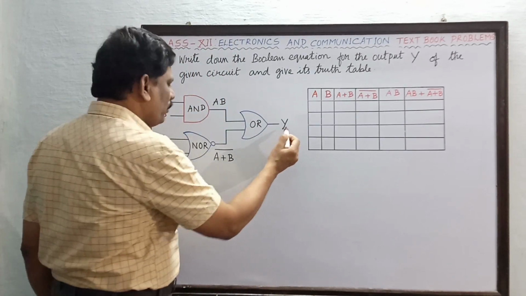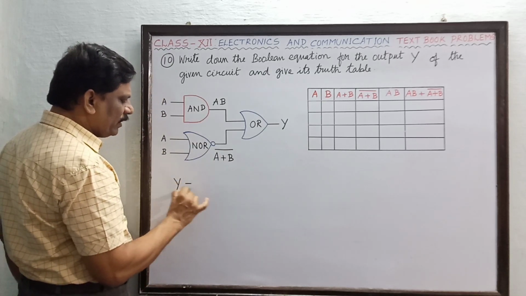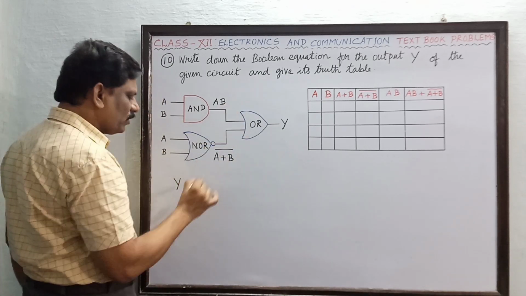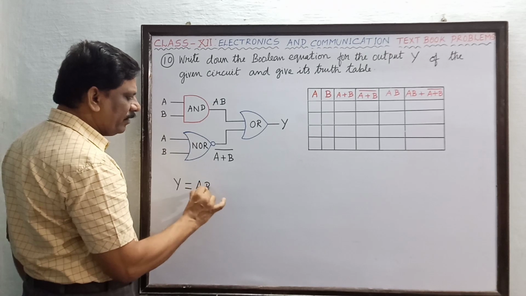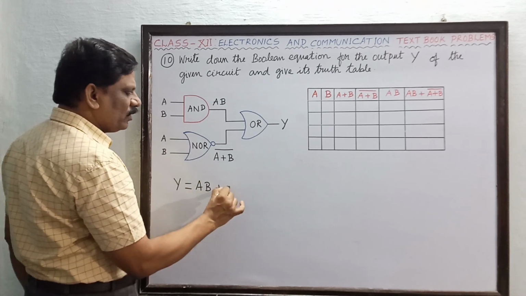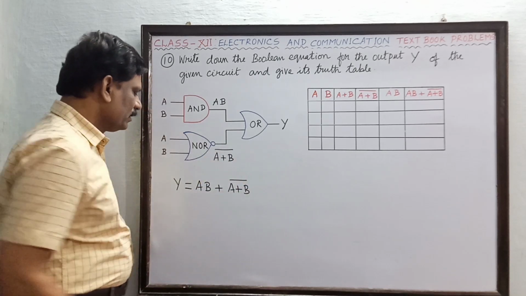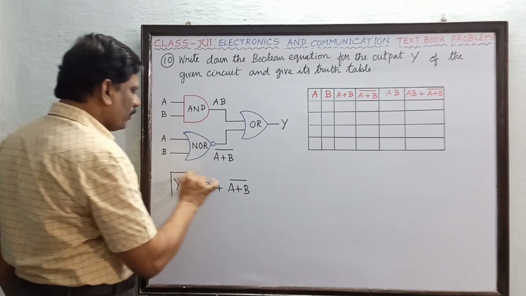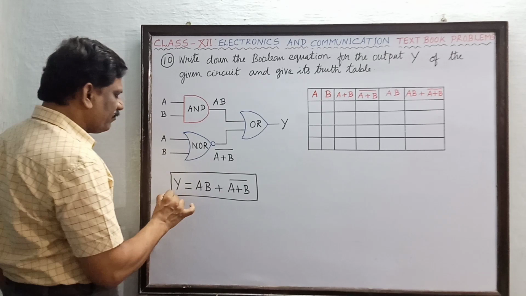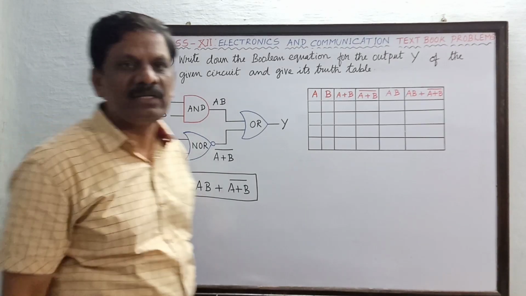So the final output Y must be equal to the sum of the 2 inputs. One input is AB plus the other input is complement of A plus B. So this is the required Boolean expression for the output of the given circuit.